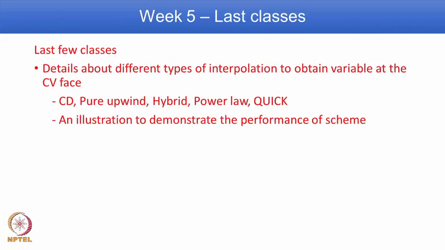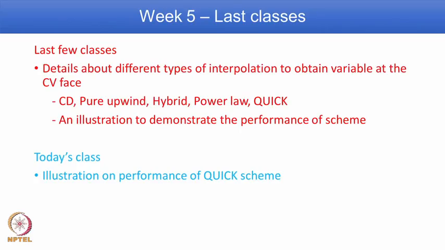So far we have done a detailed description of the different interpolation schemes available to obtain the variable at the face for use in the convection term. We have listed 5 different schemes: central difference type, that is otherwise the linear interpolation scheme, pure upwinding, power law scheme, hybrid scheme and QUICK scheme.